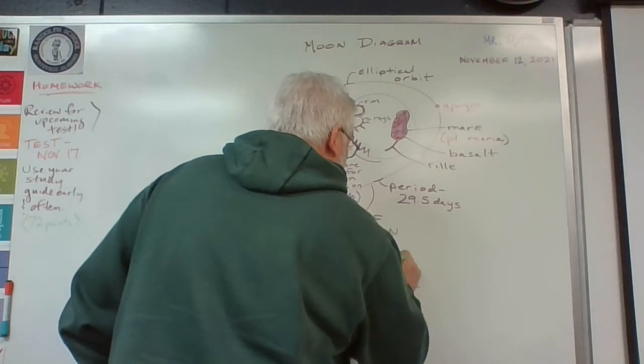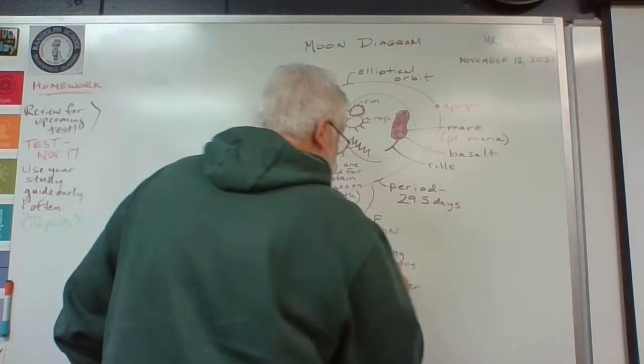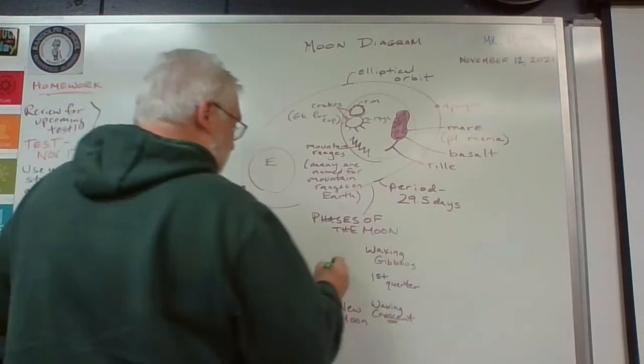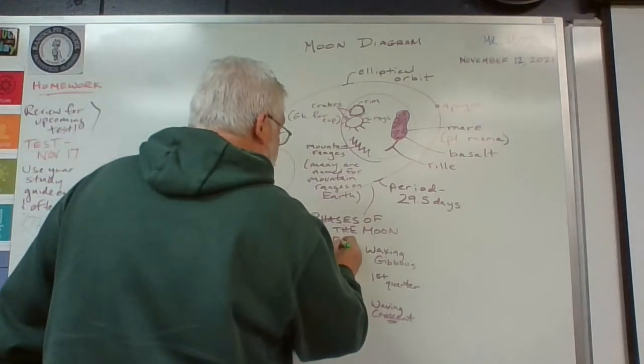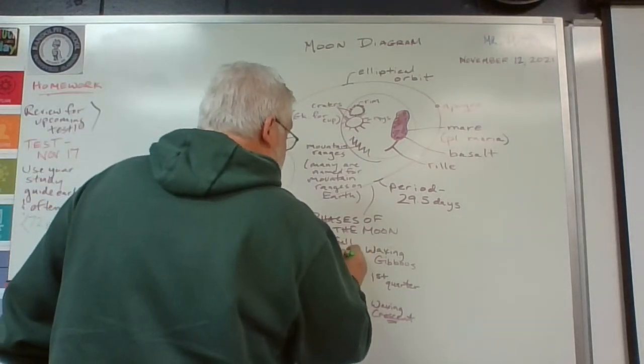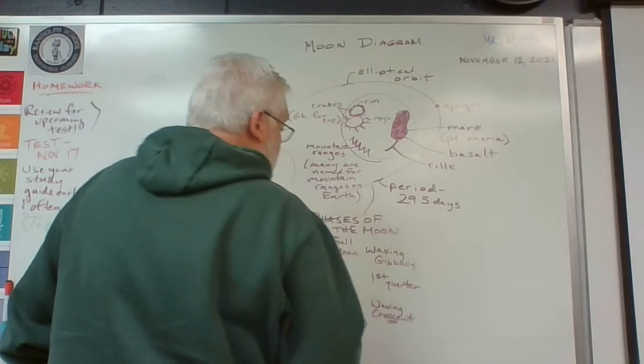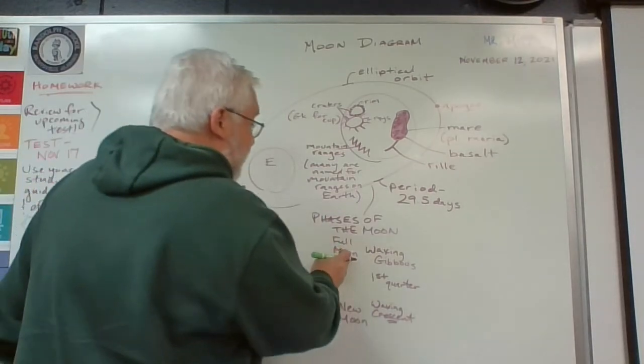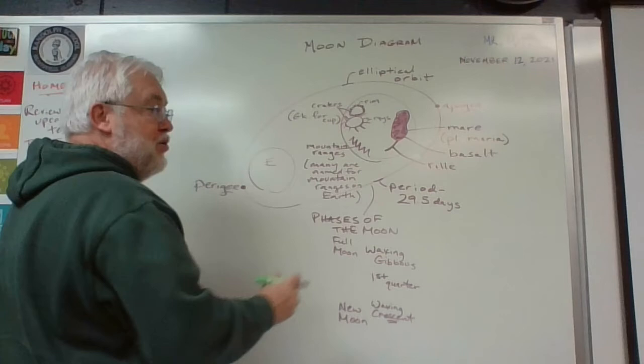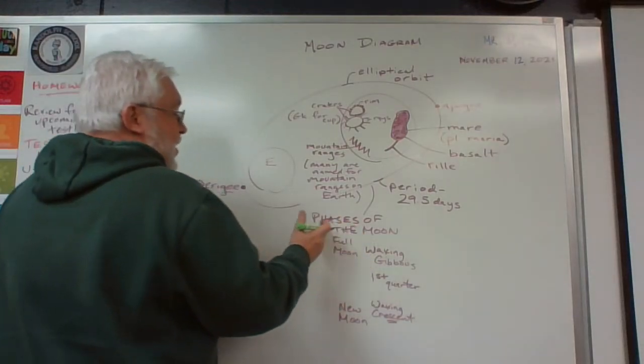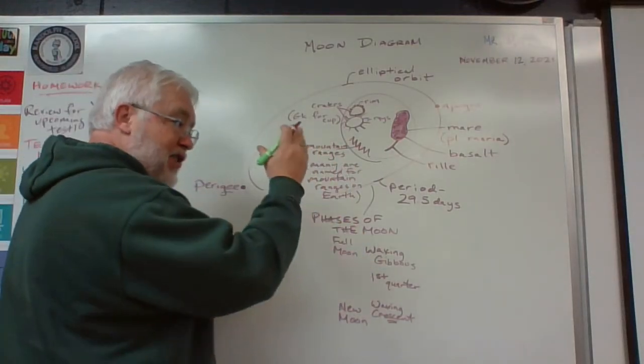After the first quarter, we have waxing gibbous. Remember that gibbous has two B's. And then here at the top of the diagram, we get to the full moon. After we get to full moon, where the whole moon is illuminated, it starts to wane. That means it starts to diminish.